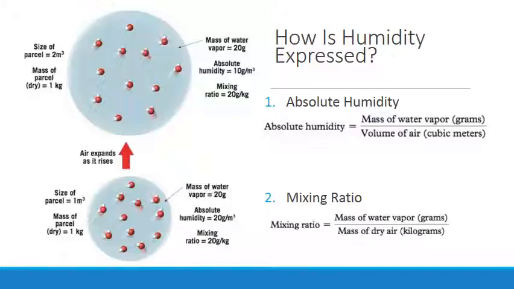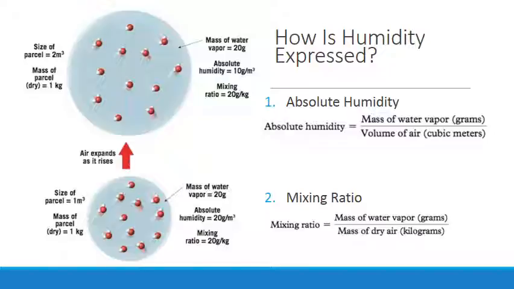When we calculate absolute humidity under these conditions, we divide the 20 grams of water vapor by the new balloon volume, which is 2 cubic meters, and now we get 10 grams per cubic meter. So the absolute humidity is half of what it was at the surface.